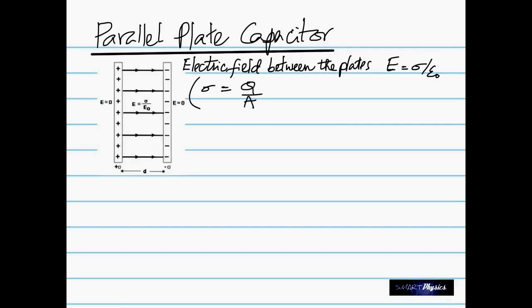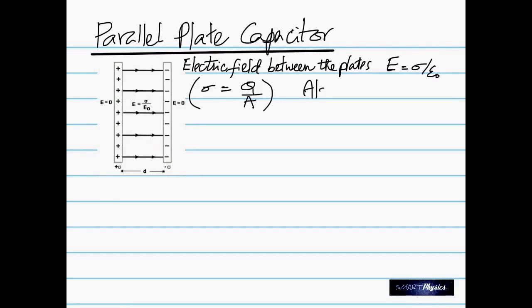Sigma is the surface charge density, which means it is the total charge on the plates divided by the area of one plate. So again, we're taking the charge on one plate divided by the area of one plate.